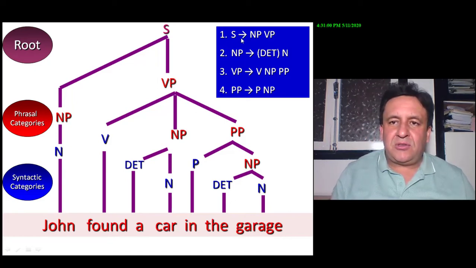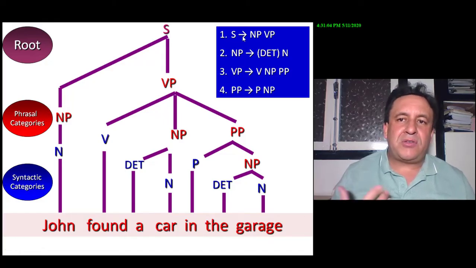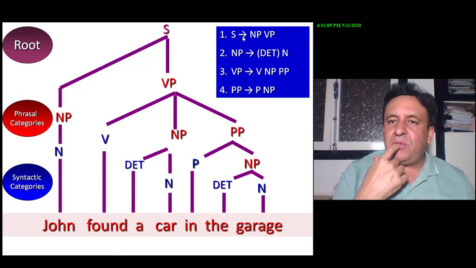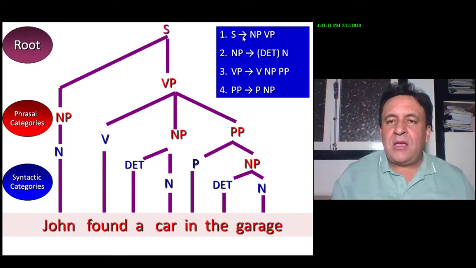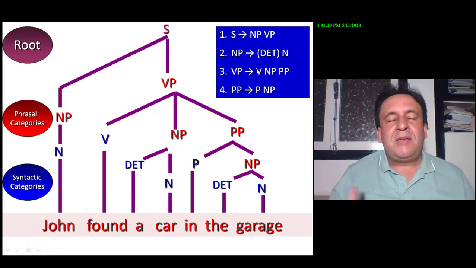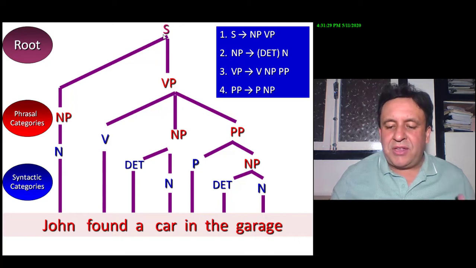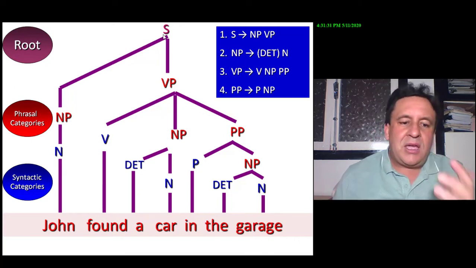The arrow that is used here is universal, theoretically relevant notation that we use in syntactic theory. And when we state the rule, we read it in this way: S rewrites. That's why these rules are also called rewrite rules, because they specify how some categories are substantiated.